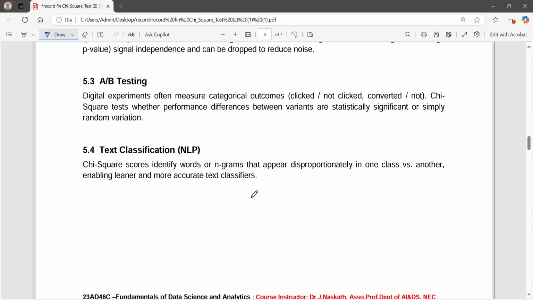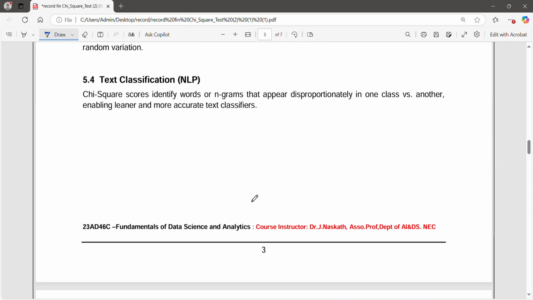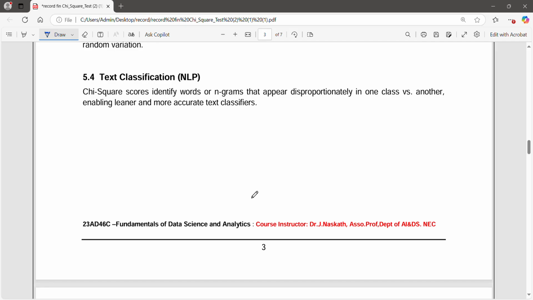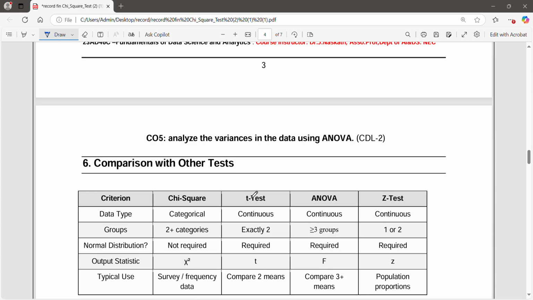That is, if you design any user interface, whether a button is clicked or not, whether it is okay or cancel, these are tested using the chi-square testing concept. Moreover, it is applicable in text classification in natural language processing also.